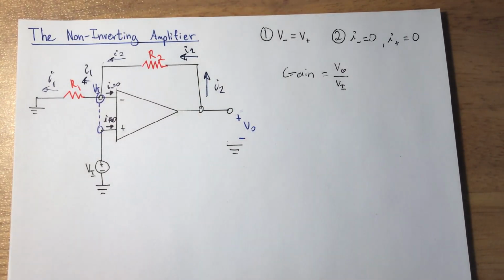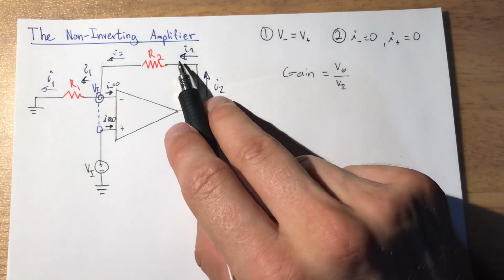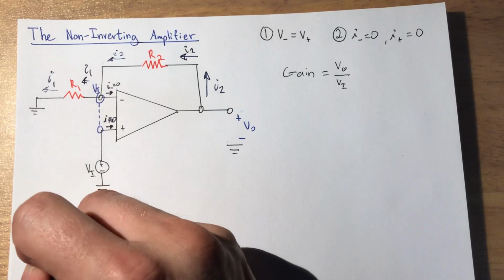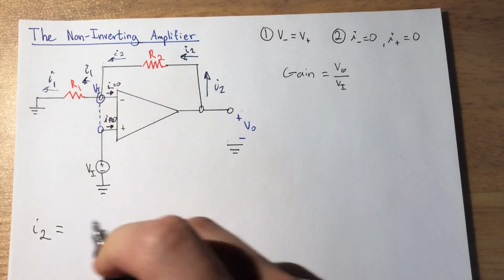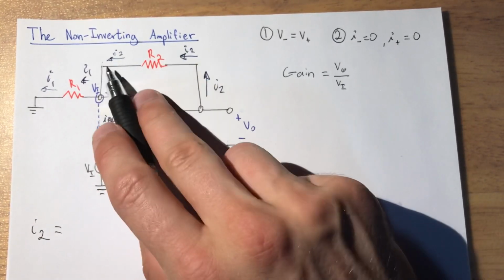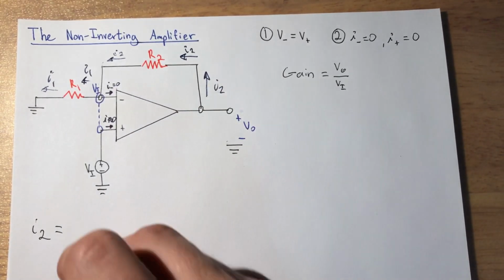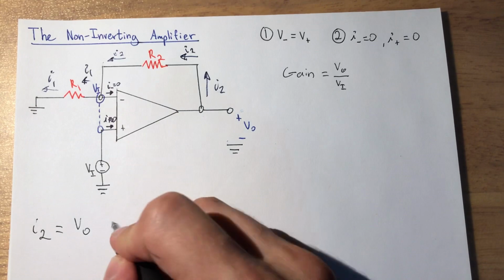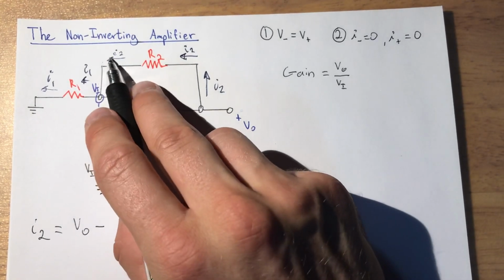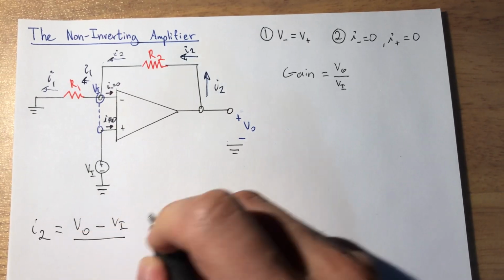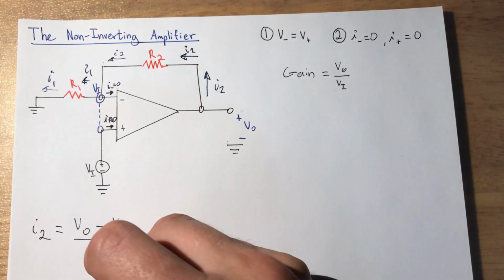And so watch this. Remember that the current here, I2, is equal to the voltage difference across this resistor. So the voltage here at this point, which is VO, minus the voltage here, which is VI, divided by the resistance, which is R2.